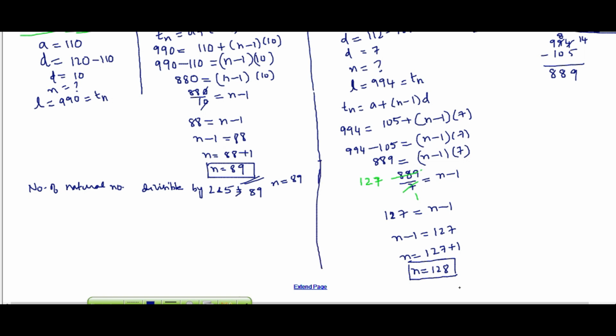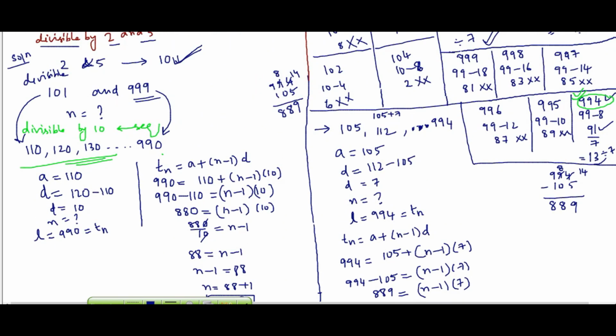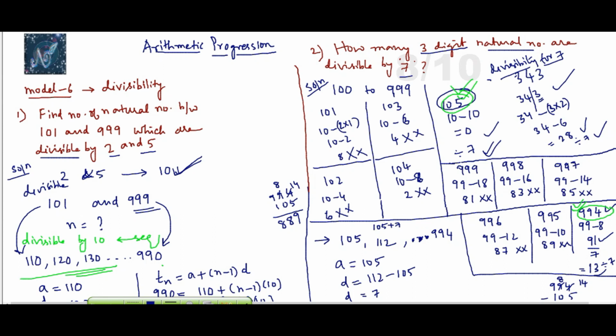Kindly write this one line in the end, because he is asking how many terms. Did you observe the question? It says how many terms are divisible by 7. These should be natural numbers, of course, which are divisible by 7.